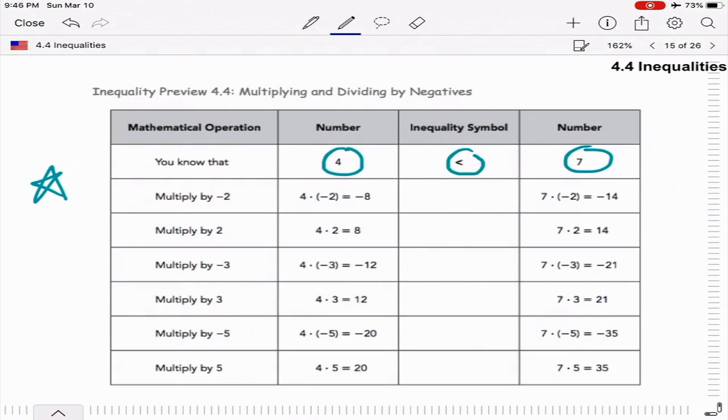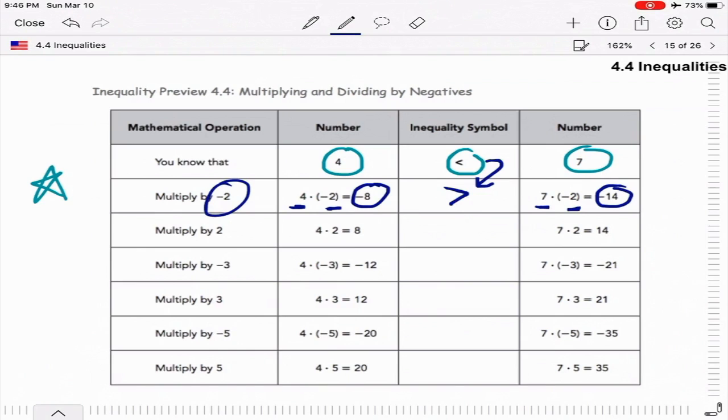Well, look what happens when you take that 4 and multiply it by -2, and that 7 and multiply by -2. 4 times -2 is -8. 7 times -2 is -14. Now, which one is bigger? Now the -8 is bigger. Look what happens to the inequality. When you multiply by -2, the inequality flips.